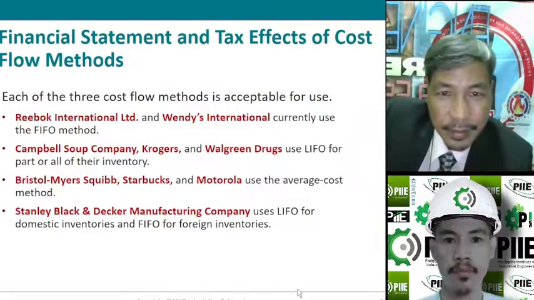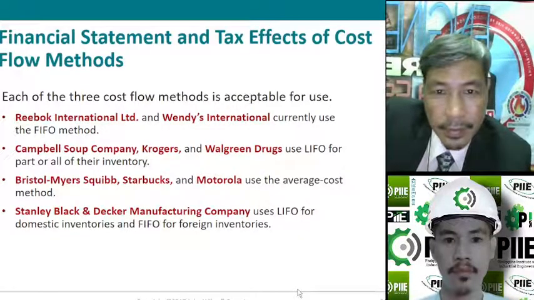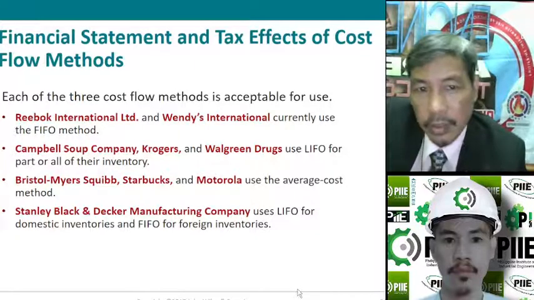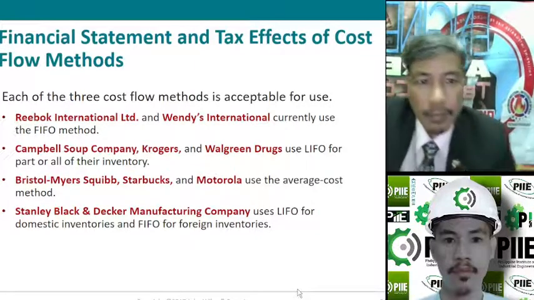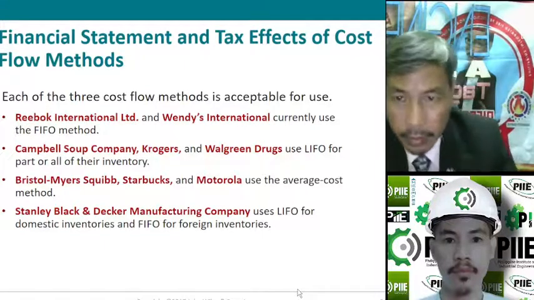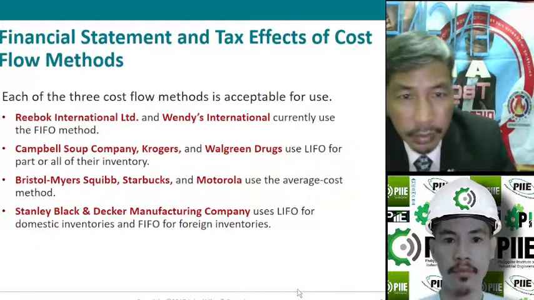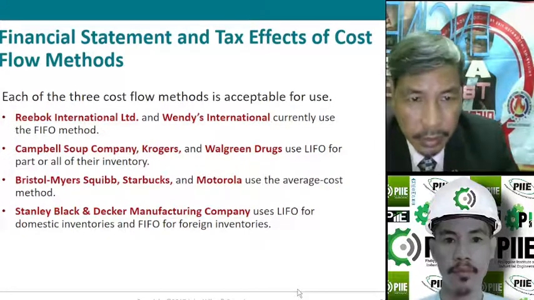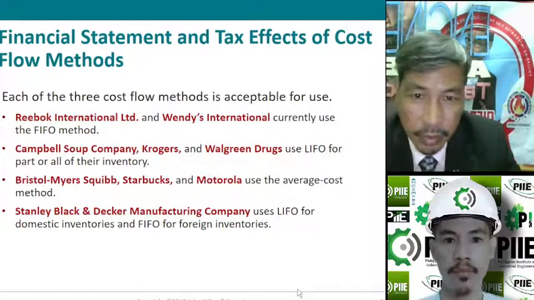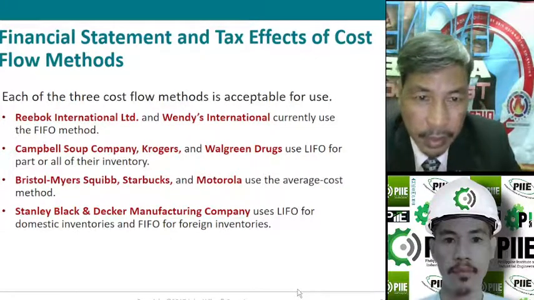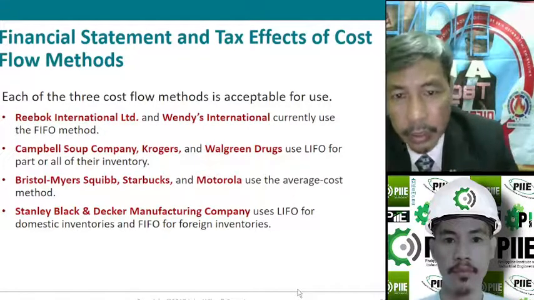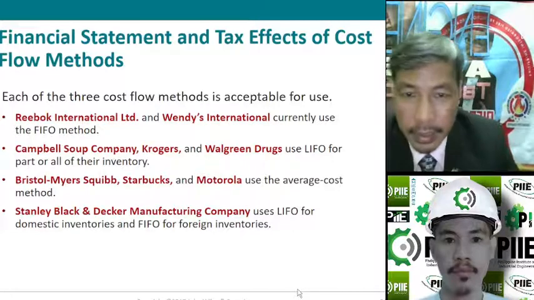Okay. So financial statement and tax effects on cost flow methods. Each of the three cost flow methods is acceptable for use. One thing, Reebok International Limited and Wendy's International currently use the FIFO method, while Campbell Soup Company, Kroger's, and Walgreens Drugs use LIFO for part of or all of their inventory.